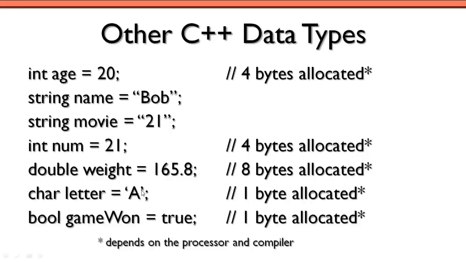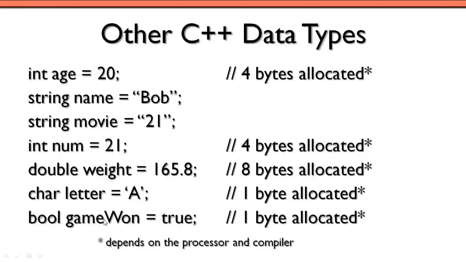So we could not assign any representation that has double quotes to a character variable. If we were to type out double quote A, double quote, and try to assign it here, the compiler would complain because that is not the type of value that characters support. And it usually has a single byte allocated for a character.